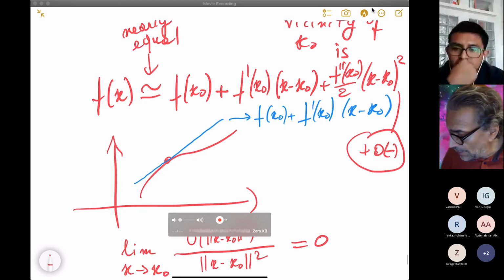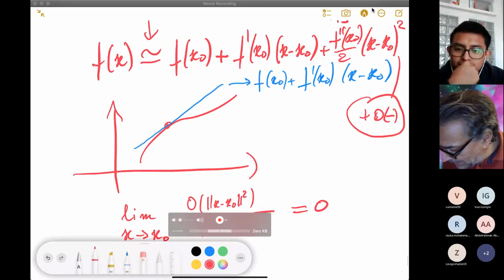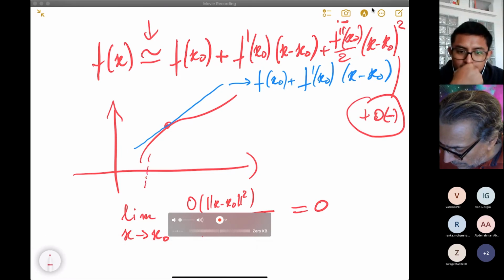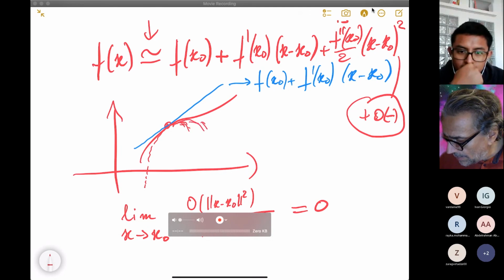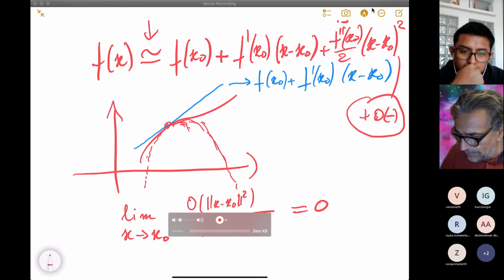And one could also write a kind of parabola which approaches this, something like that. And it is closer than the straight line.